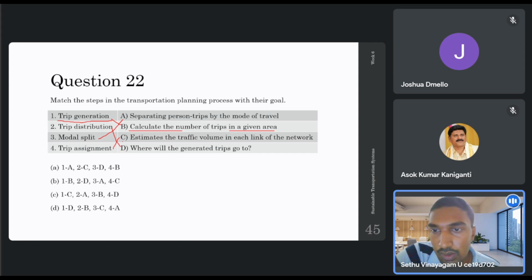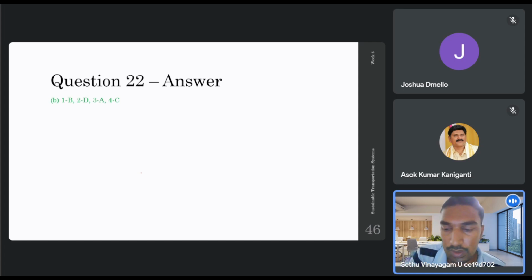As you can see, each of these steps in the planning process is in sequence. The output of one step becomes the input to the next, and this flows naturally. Therefore this has to be done in sequence, and these are the goals of each of the different processes. This mapping is given in option B. Therefore the right option is option B.